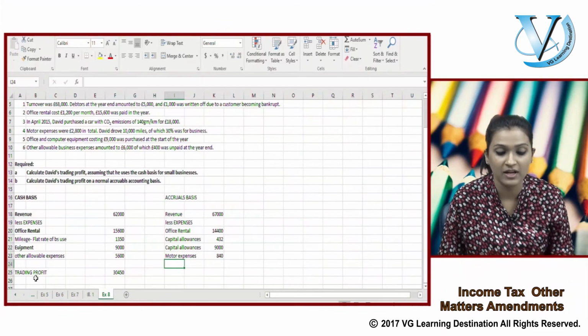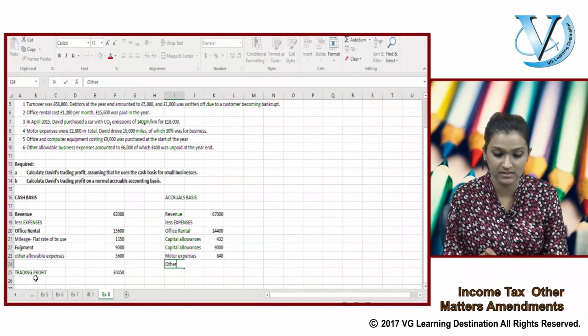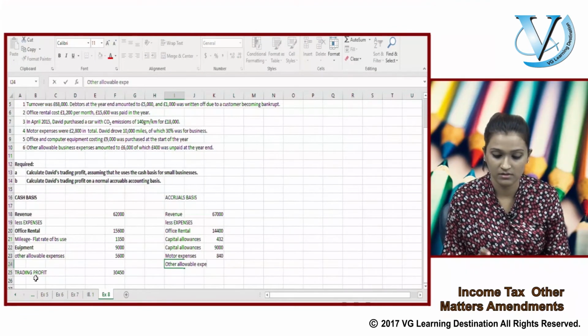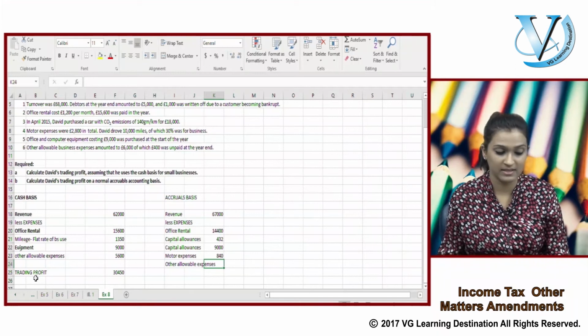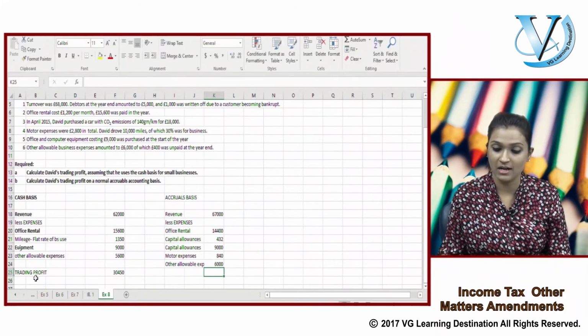Office and furniture I've done. Other allowable business expenses: other amount, like expenses amounting to £6,000.